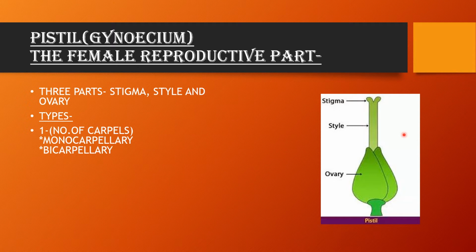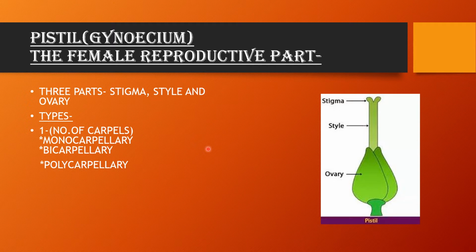In the condition of bicarpellary, there are two carpels in one gynoecium, and if the number of carpels is more than two, that condition is called polycarpellary. Now if there is more than one carpel in a gynoecium, then the condition will be different. Either those carpels are united or they will be free.